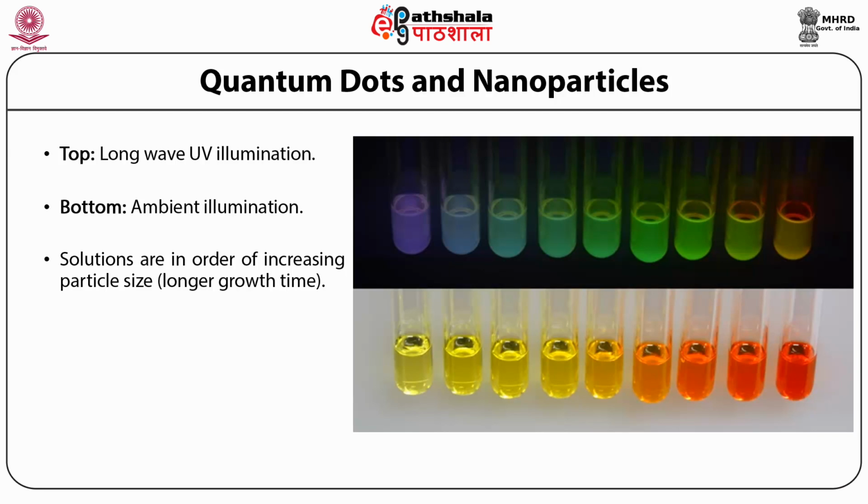The majority of quantum dots are prepared from semiconducting materials like silicon, germanium, cadmium selenide, cadmium sulfide, and so on. Since the size of a quantum dot is of the order of nanometers, they are not single atoms, rather, they are comprising several atoms.